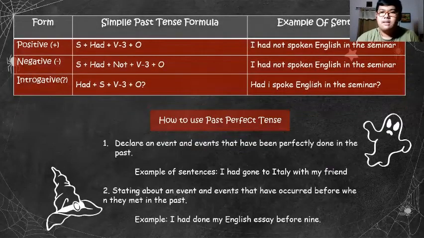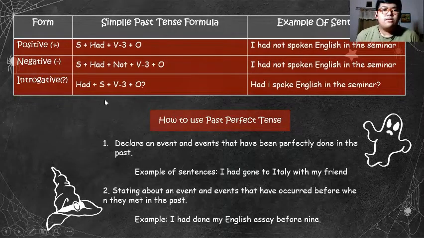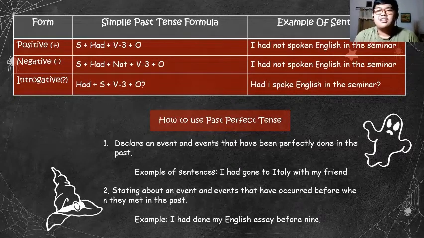Now, this is for the example. Okay, for the positive form, subject plus had plus verb 3 plus object. For example, I had not spoken English in the seminar. I don't know how to say seminar in English. Okay. And then the negative form, subject plus had plus not plus verb 3 plus object.